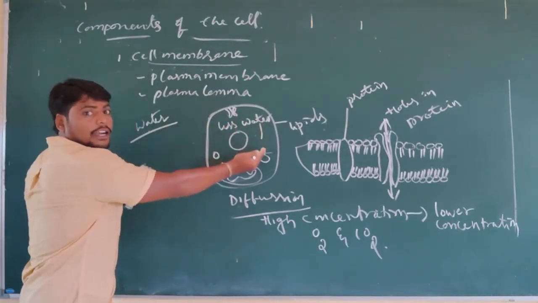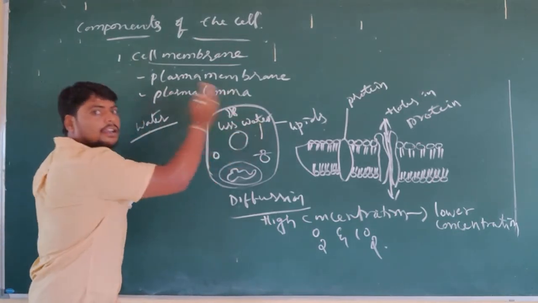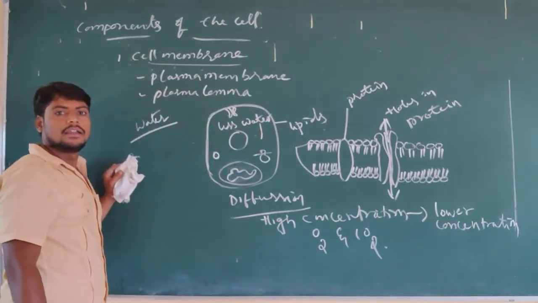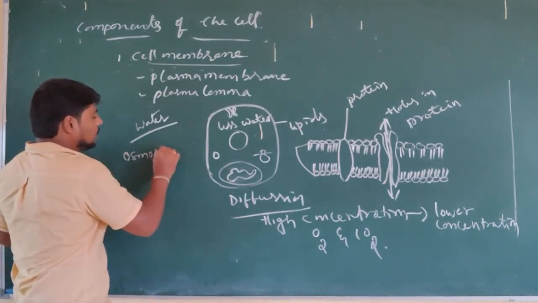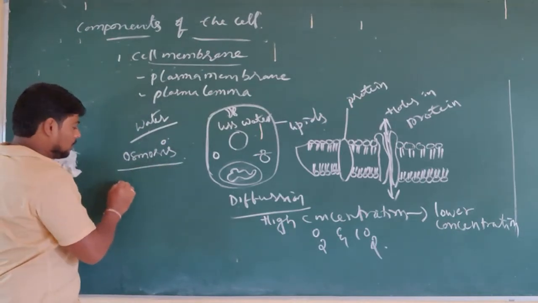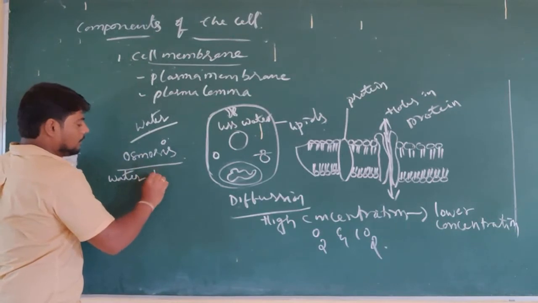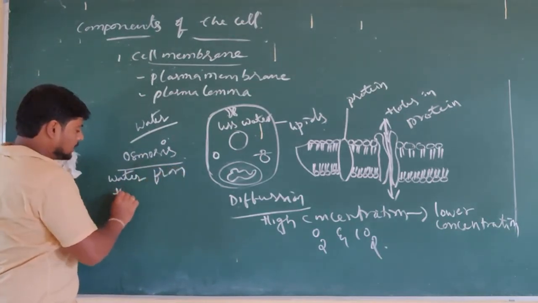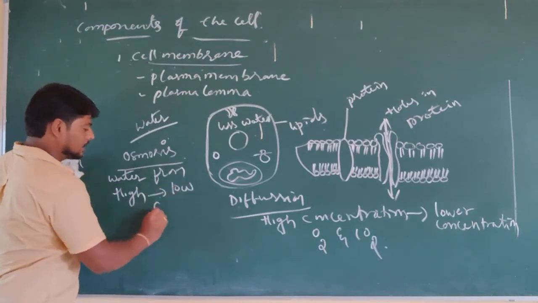This movement of water from high concentration to low concentration is called osmosis. So osmosis means the movement of water from a high concentration region towards a low concentration region.